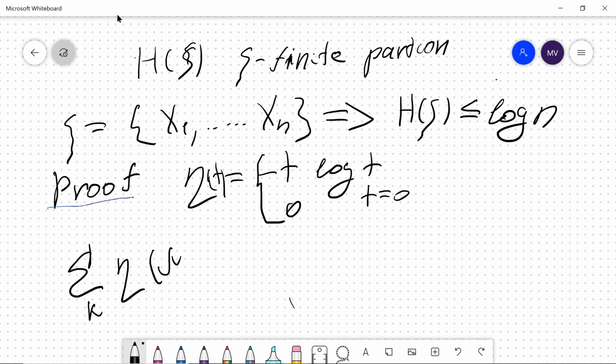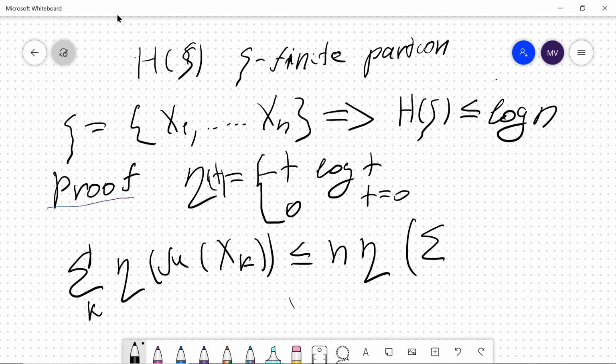We will have a sum of eta of the measure of x_k, which is less or equal than n times eta of the sum over k of mu of x_k over n, and this one is equal to logarithm n.